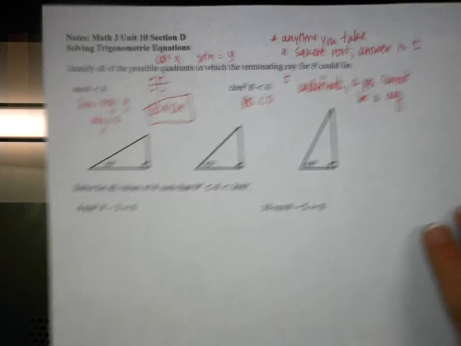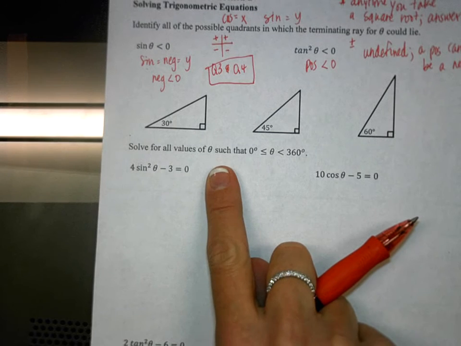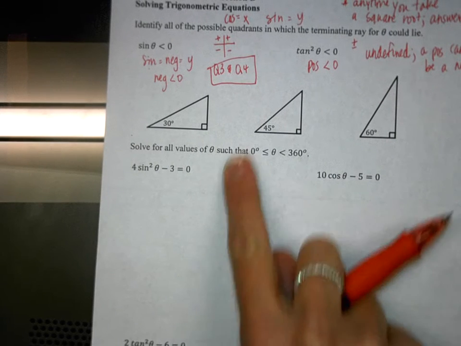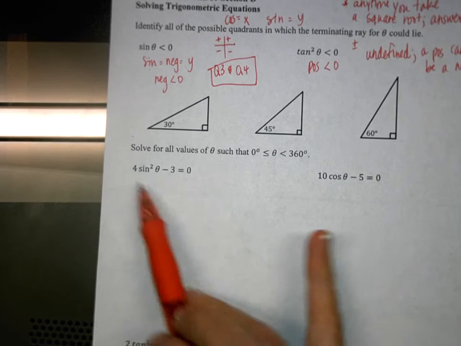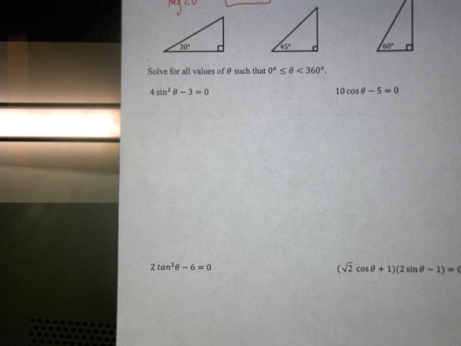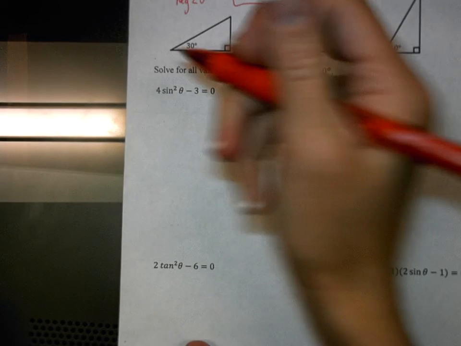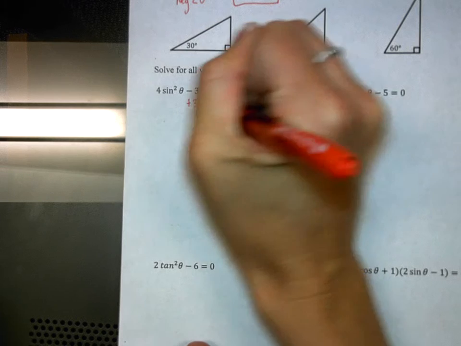Okay, so first example, they want us to solve for all values of theta such that the degree is in between 0 and 360, okay? So what we want to do is get sine by itself. What would I do first in order to get sine by itself? Add 3 first. Good. Add 3 to both sides.